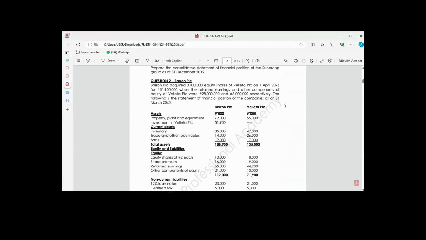In the exam, what is my own duty? Not to concern myself with Baron, but Valeta. The shares of Valeta are 8,000 at a nominal value of 2 naira. I will convert it to 100% shares number. How do I go about that? Very simple.